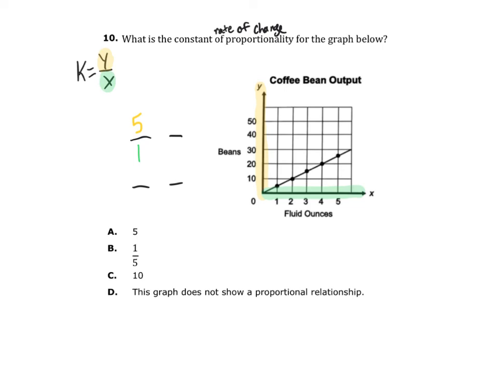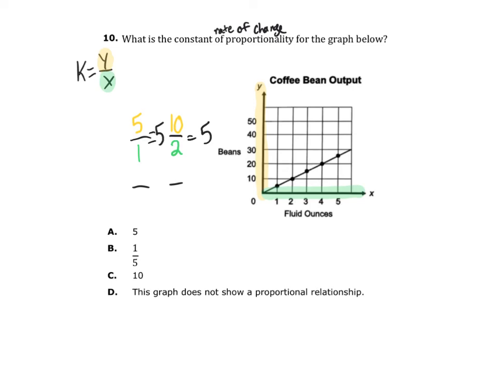So for the next point, we have 10 for y and we have 2 for our x. Now when we reduce that, that also becomes 5. 10 divided by 2 is 5.